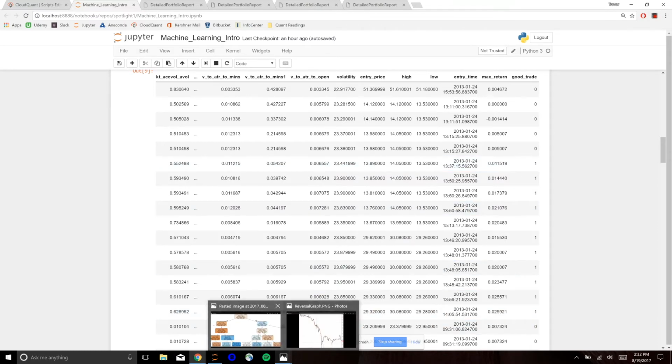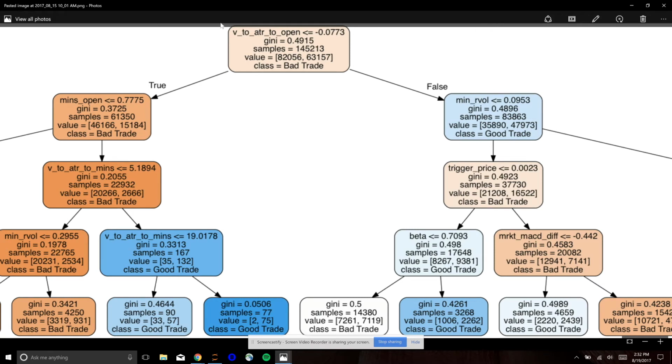So going back over here, this is our decision tree. We've got these labels, good trade, bad trade, based on how many of the trades in this little node are good trades or bad trades. On the right we have 47,973 good trades, and on the left we've got 35,000 bad trades.